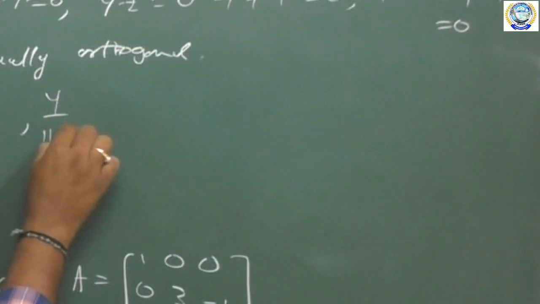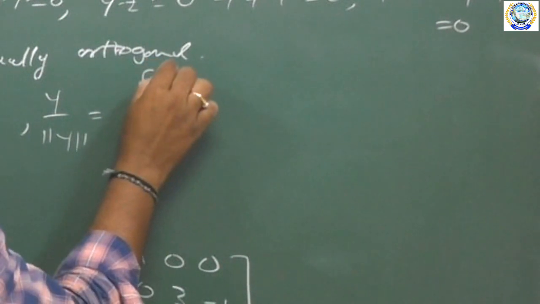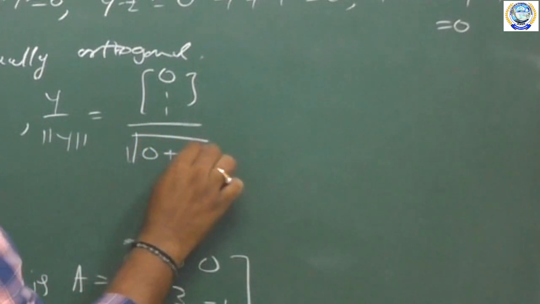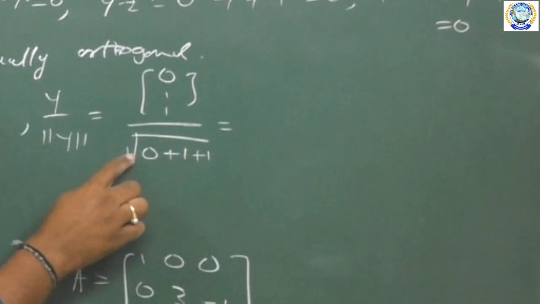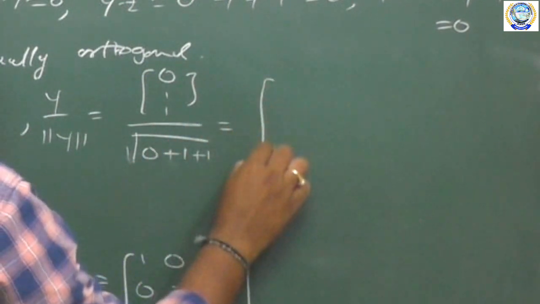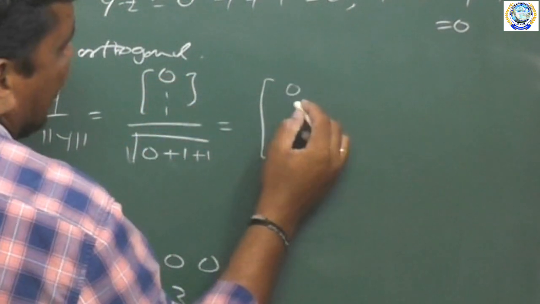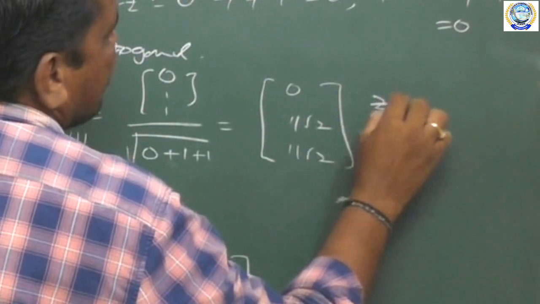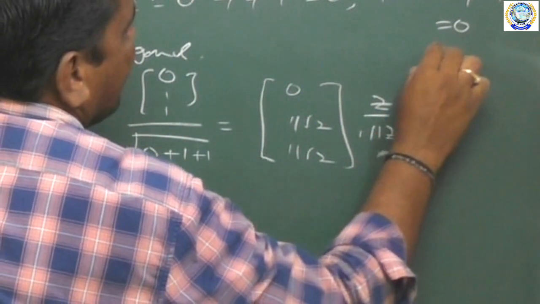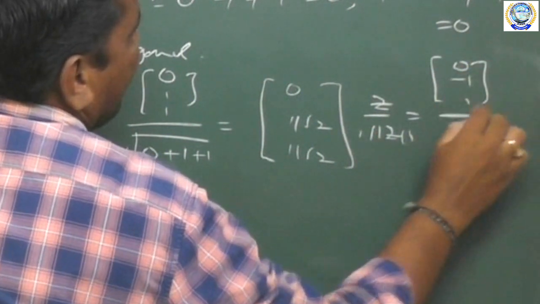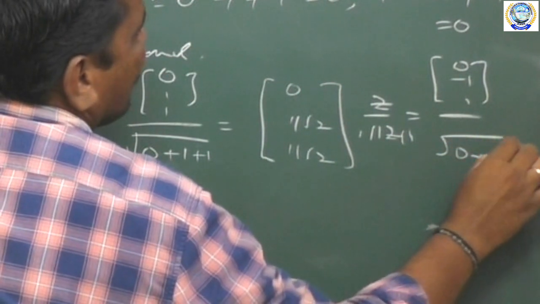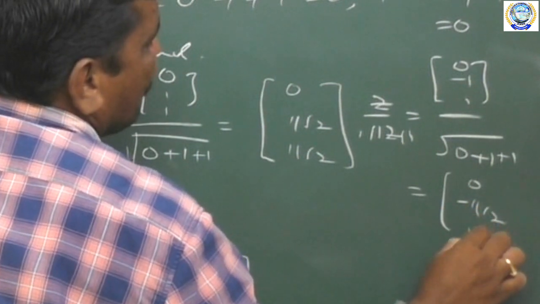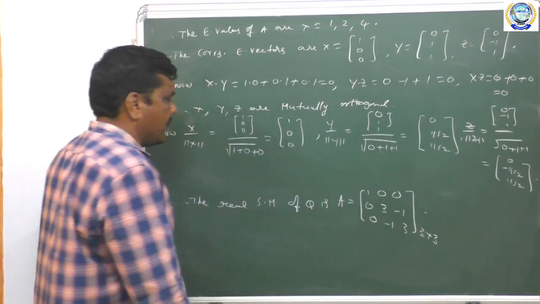And y by norm y is 0 1 1 by root of 0 square plus 1 square plus 1 square, so it is root of 2. Divide all these elements by root 2, that is 0, 1 by root 2, 1 by root 2. And z by norm z is 0 minus 1 1 divided by root of 0 plus minus 1 whole square is 1, 1 square is 1. This is equal to 0, minus 1 by root 2, 1 by root 2.